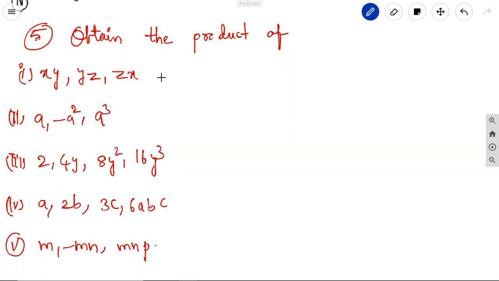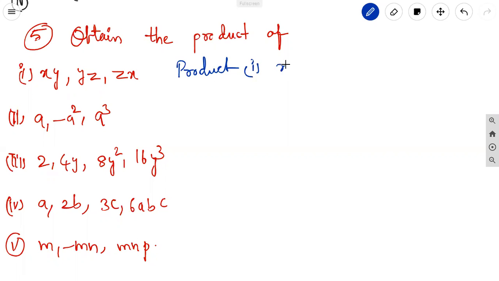Obtain the product of the 3 monomials. Find the product. Product of first question is xy into yz into zx. Here, x variables are here and here. X power 1, x power 1. That is x square.